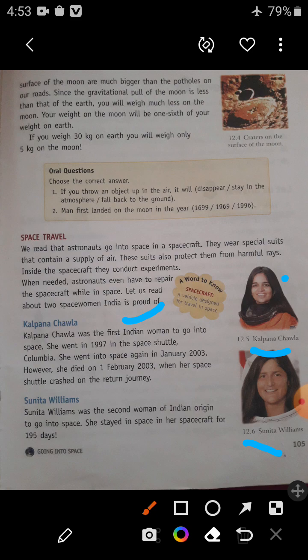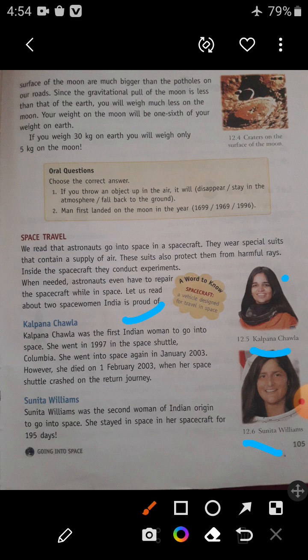But at this time, she died on 1st February 2003 when her space shuttle crashed on the return journey. So, my dear students, this was the information about Kalpana Chawla, the first Indian woman to go into space, and India is proud of her.